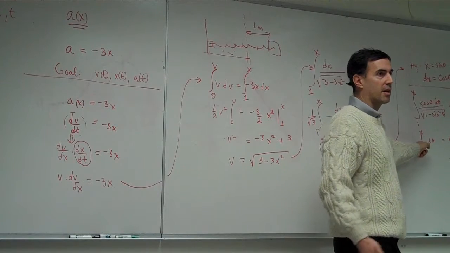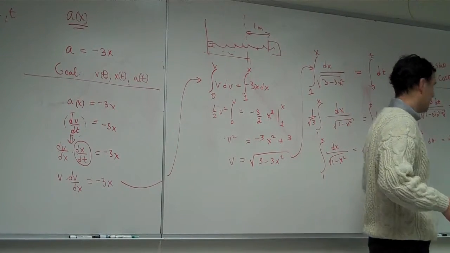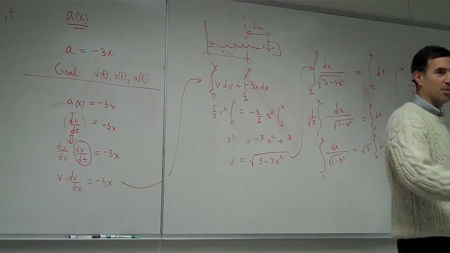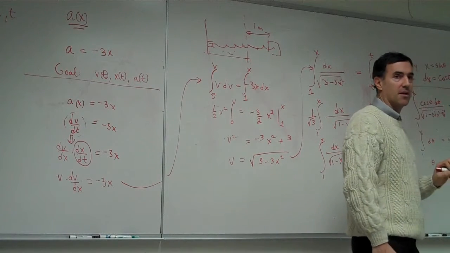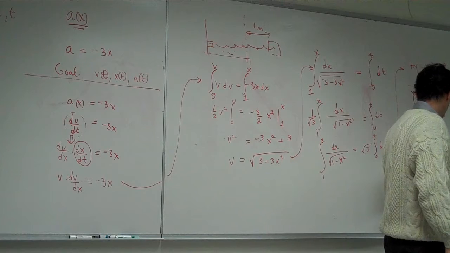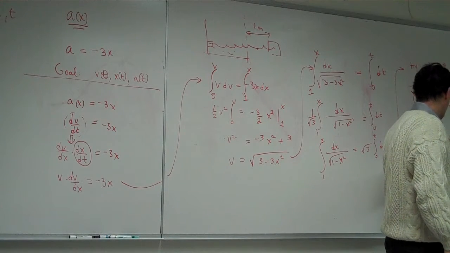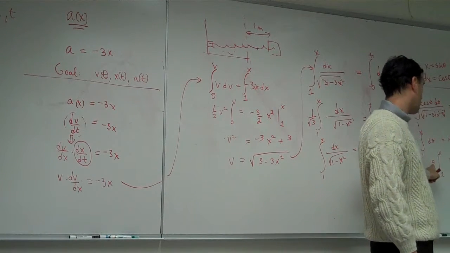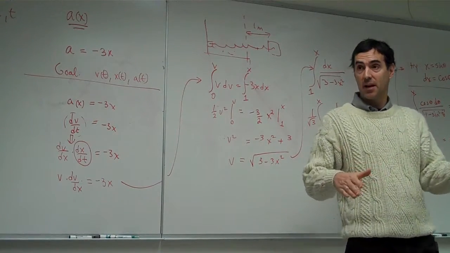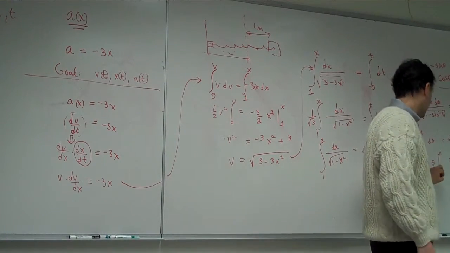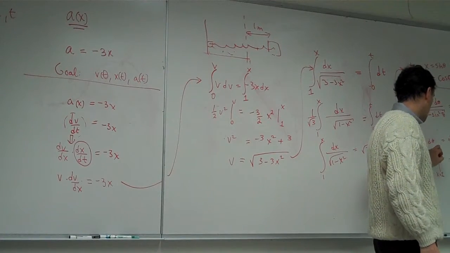Now this is a little tricky. The integral of d theta is theta, and x goes from 1 to x. I can't go and put the 1 in for theta. These limits were for x, not for theta. So to make that crystal clear, this is for x going from 1 to x.